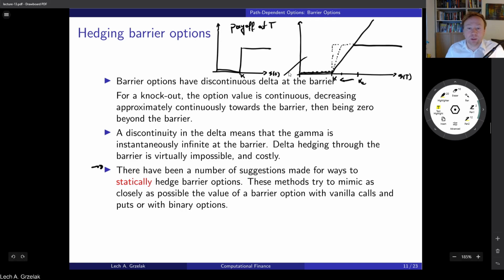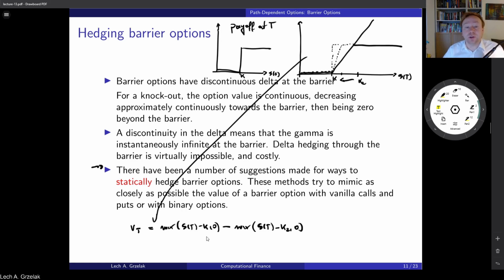So in this case, we have the maximum of ST minus K1, 0, and then the maximum of ST minus K2, 0. So we are interested in a replicating portfolio with this structure. If we talk about delta or other Greeks, we are interested in the hedge of this portfolio.